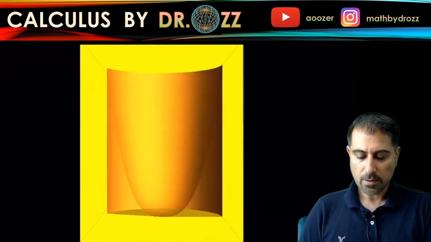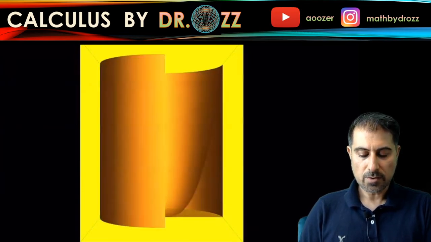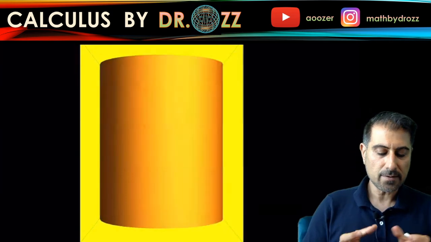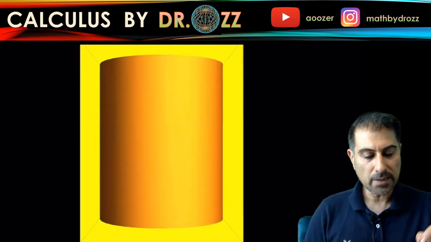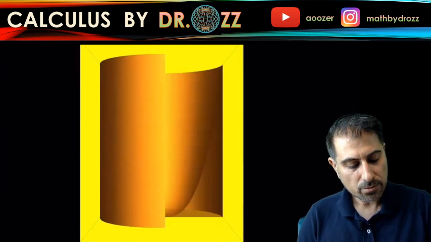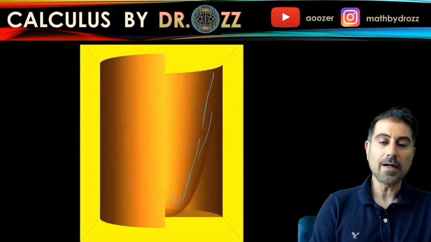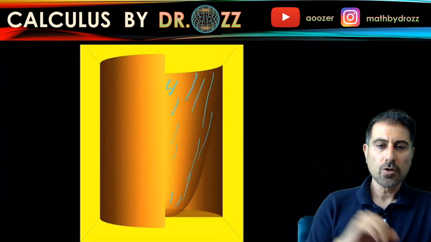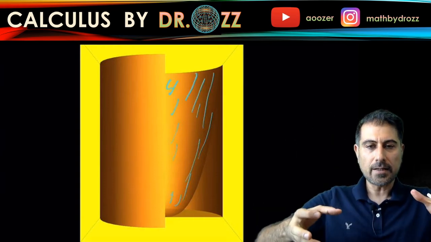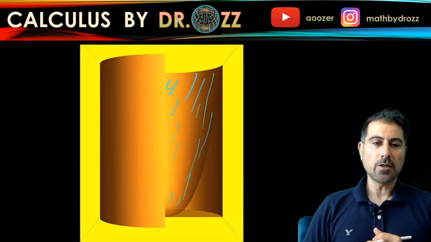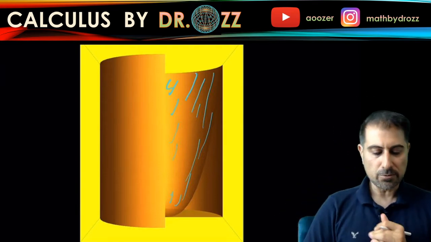Obviously the inside is going to look like you take out this vase-looking or bullet-looking inner part, and you have the cylinder with the bullet part out. That's the three-dimensional object you have after the revolution.